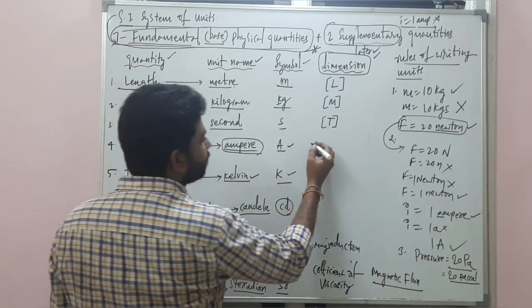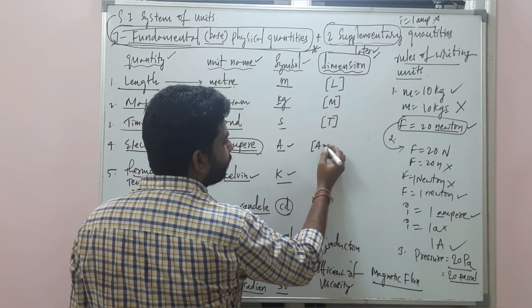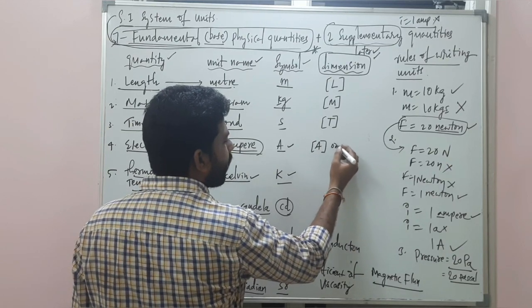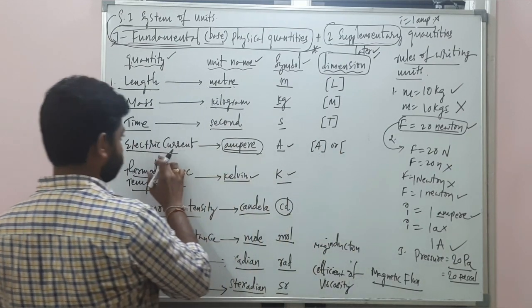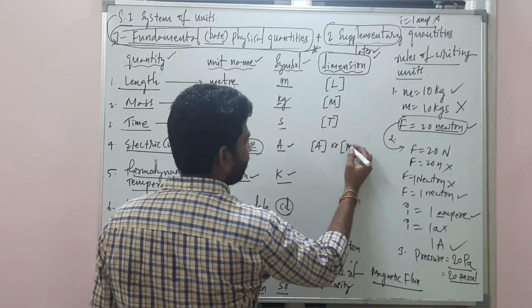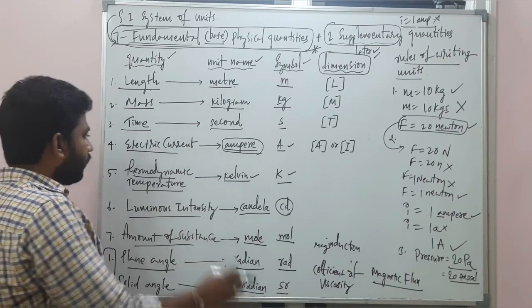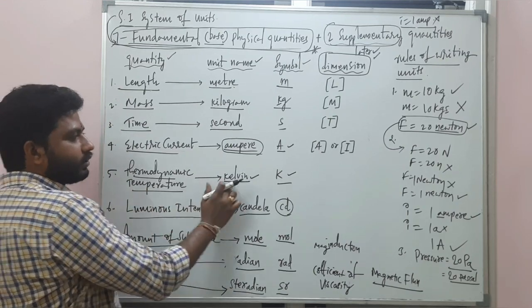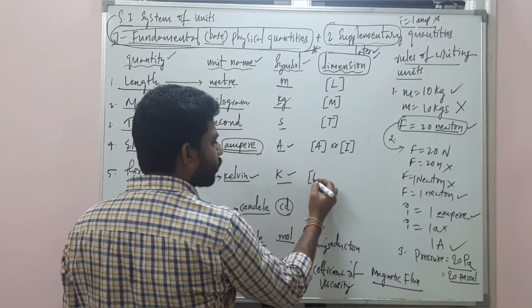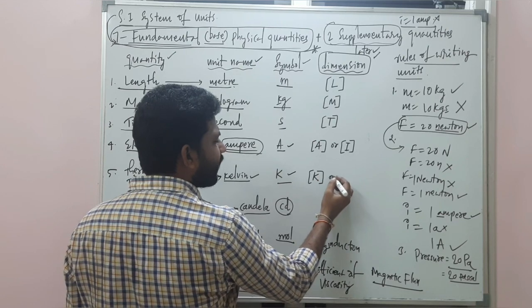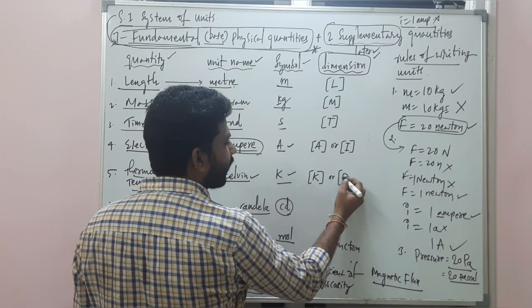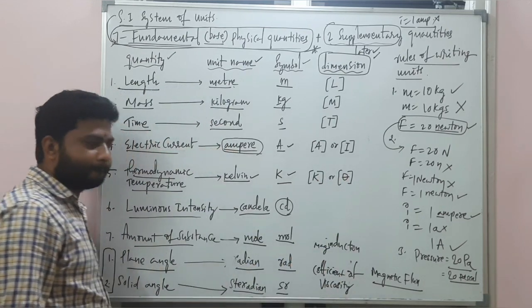Electric current dimension will be square brackets A, or electric current, right? Square brackets I. No confusions. Thermodynamic temperature dimension will be square brackets K or square brackets theta.